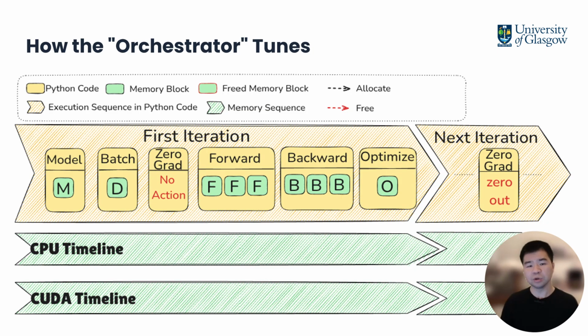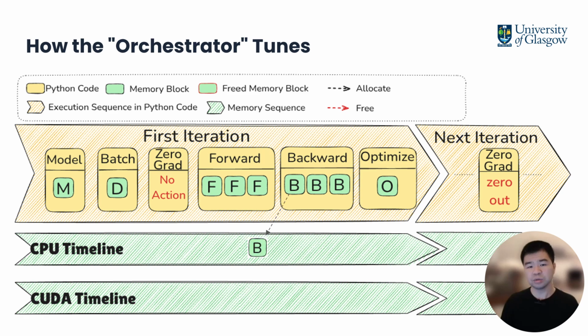The second component is the orchestrator. One of its key jobs is to fix the major difference in the deallocation behavior between CPU and CUDA. Let's use gradient memory in backward propagation as an example. It has the same behavior in creation for both CPU and CUDA training, but the deallocation behavior is different.